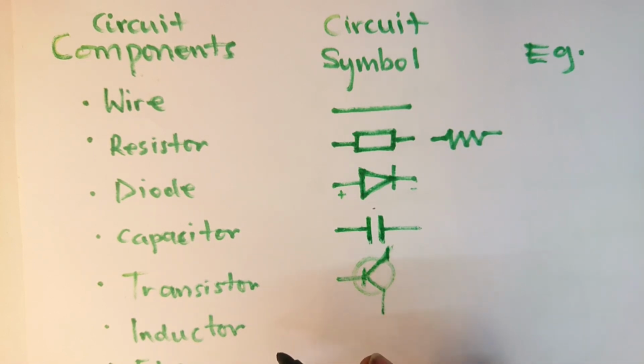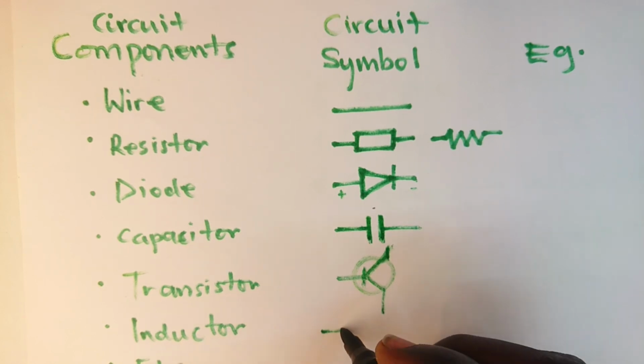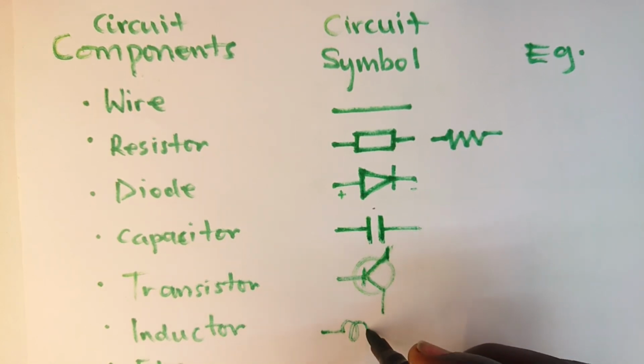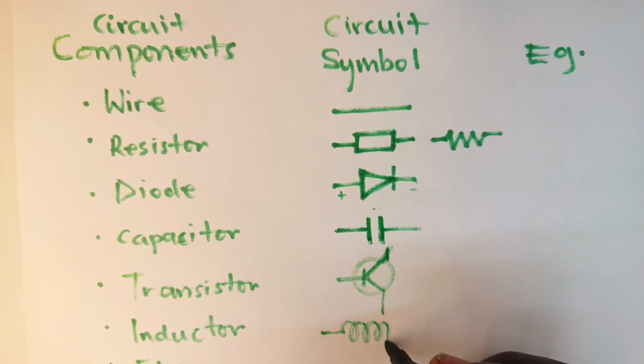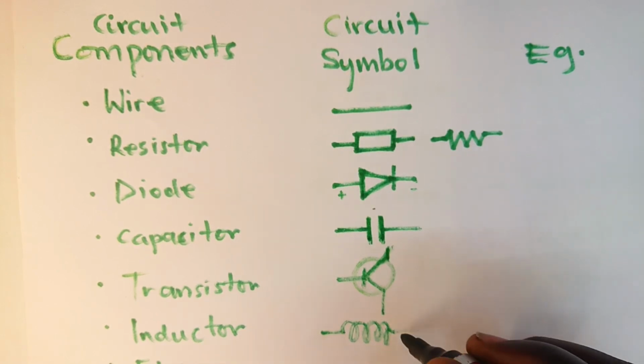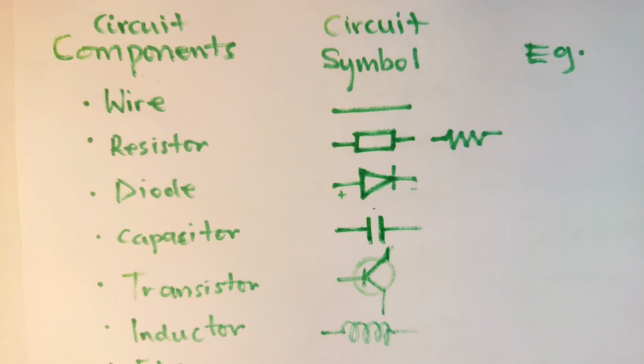Now if you're a little curious, an inductor, we will draw it and create a coil of sorts, right? Because an inductor is usually basically a coil anyway. So yeah, it comes like that, like that, like that, and like that.